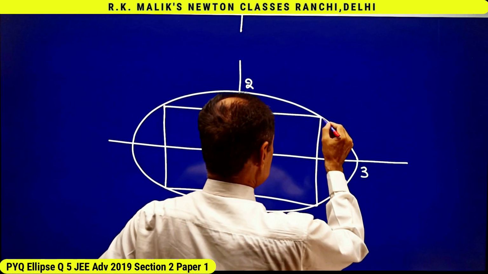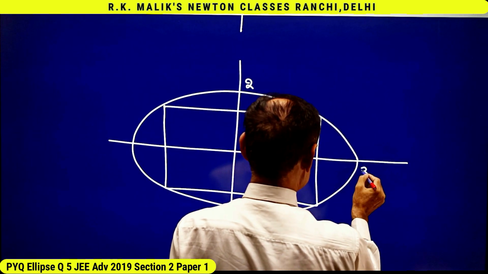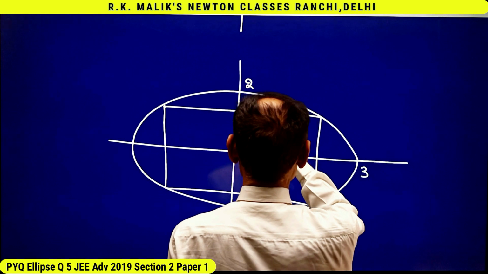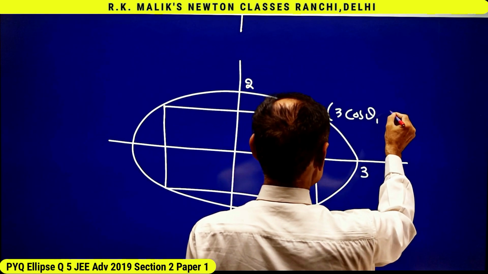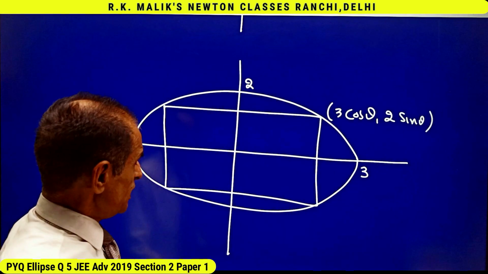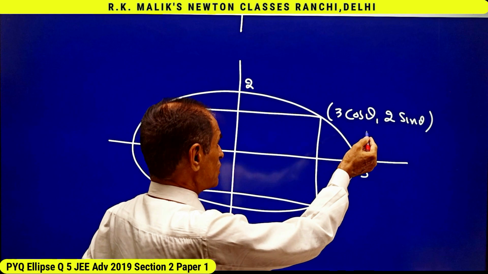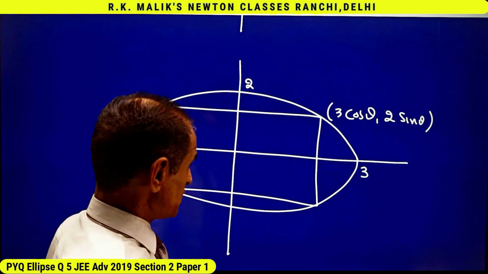We know that any point on the ellipse can be taken as a cos theta, b sin theta. Here a is 3 and b is 2, so the point is 3 cos theta, 2 sin theta. I will find the value of theta so that the area of this rectangle becomes maximum.